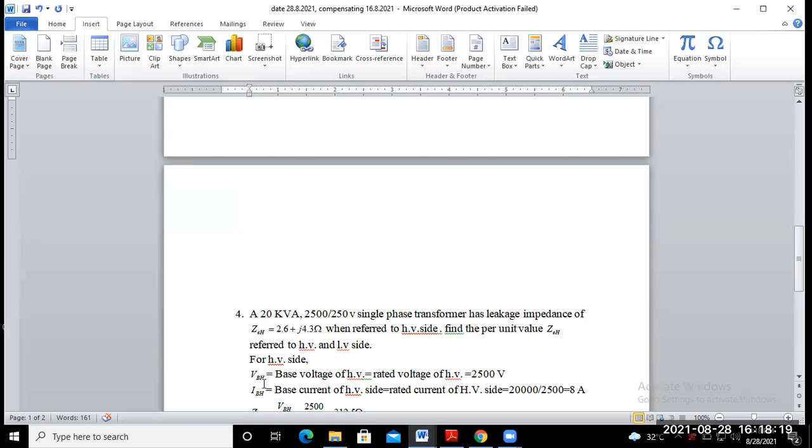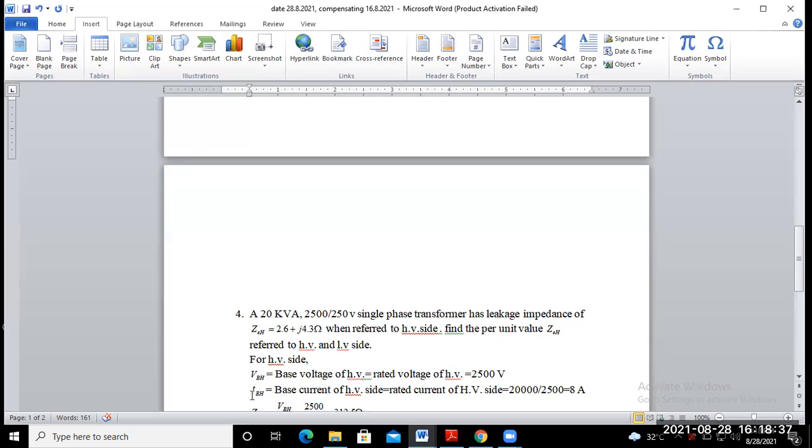Okay, so you have to be familiar with the standard notation of these quantities, how we represent the base voltage on the high voltage side and the base current on the high voltage side.